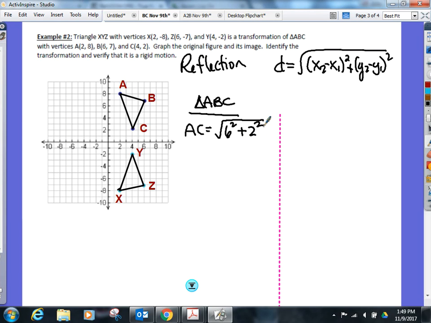There you go. You guys don't realize what I just did for this shortcut, but I just did Pythag. I made a right triangle out of it, and I said down how many? 6 squared plus over how many? 2 squared. And at the very end here, how do I get C by itself?